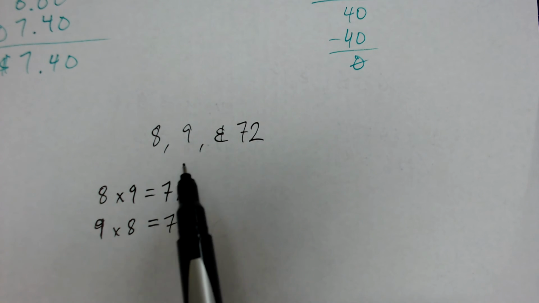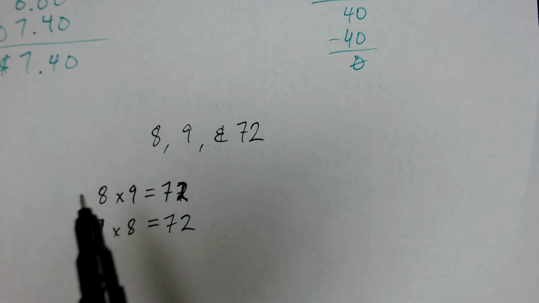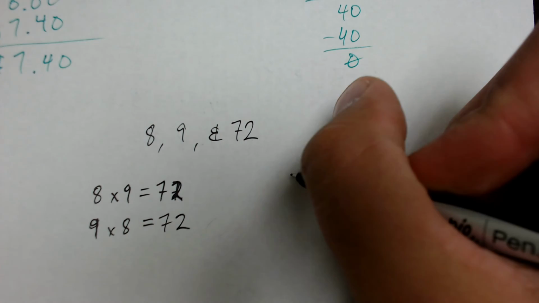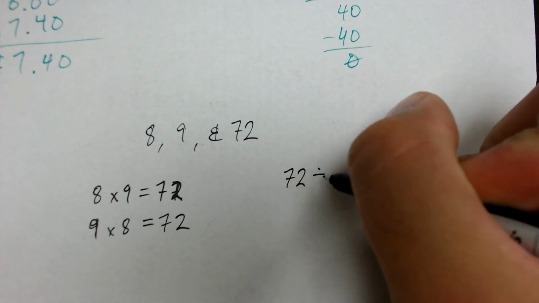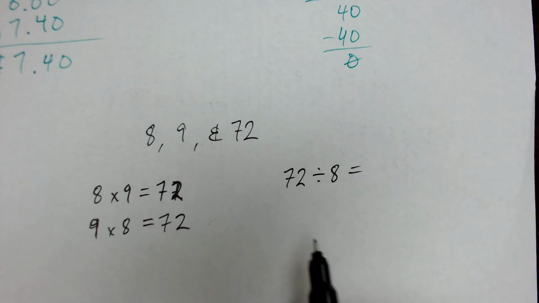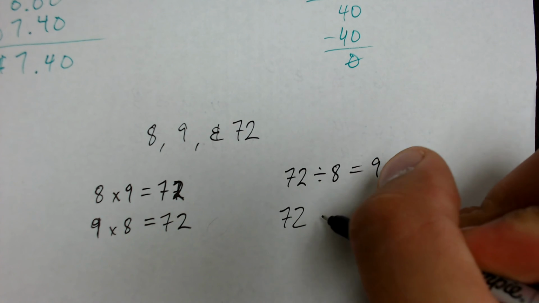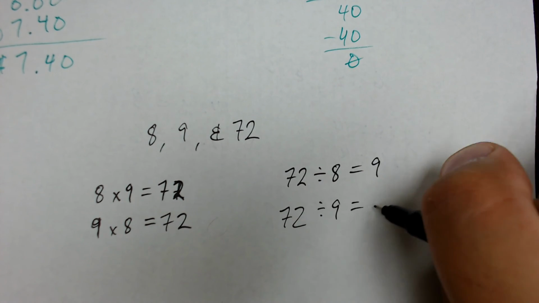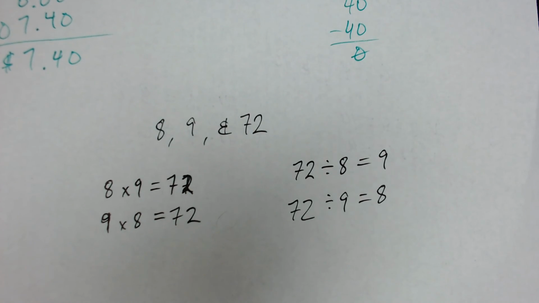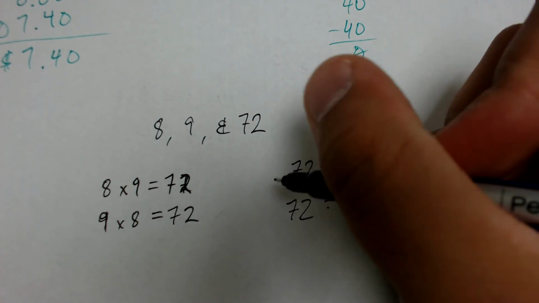Can 8 be divided up by 9? No. Can 9 be divided up by 8? No, but 72 can. So I can take 72, I can divide it by 8, and I will get an answer of 9. And then I can reverse it. I can take 72, I can divide it by 9, and I will get an answer of 8. And I've just written 2 multiplication, 2 division facts.